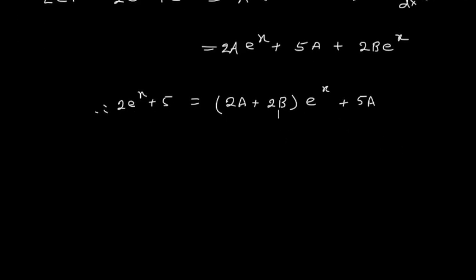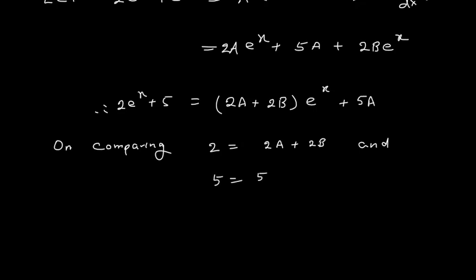Now e power x on left hand side and on right hand side we have. So by comparing, we get 2 is equals to 2a plus 2b, and we get 5 is equals to 5a. So therefore a is equals to 1 and 2 is equals to 2 plus 2b.